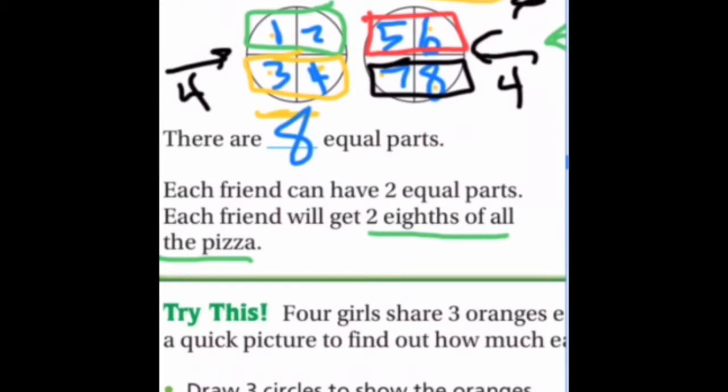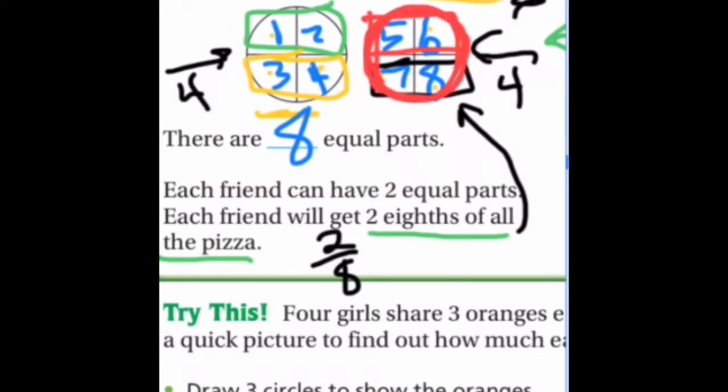Okay. All right. So if we look at the one I circled in black up here, got 2 slices out of the total of 8, so that's 2/8 of all the pizza. If we look at just that one pizza though, the person got 2 out of the 4 slices. So we got 2/4 or 1/2 of that one pizza.